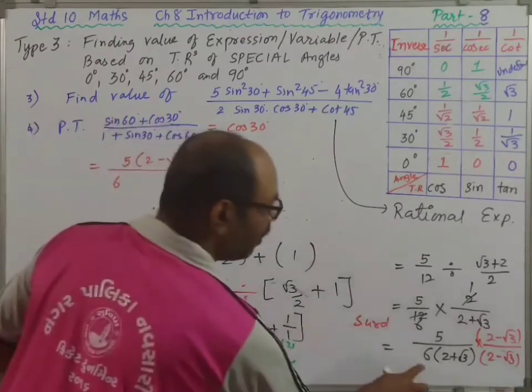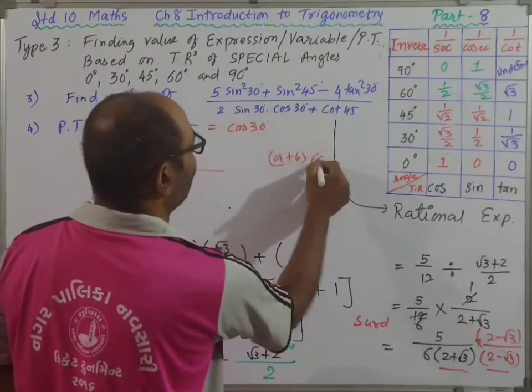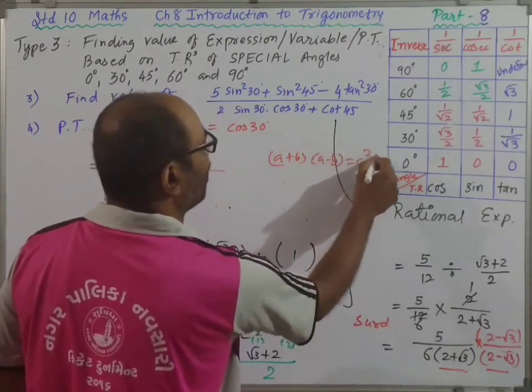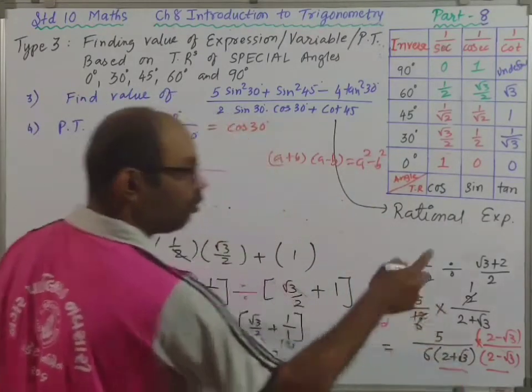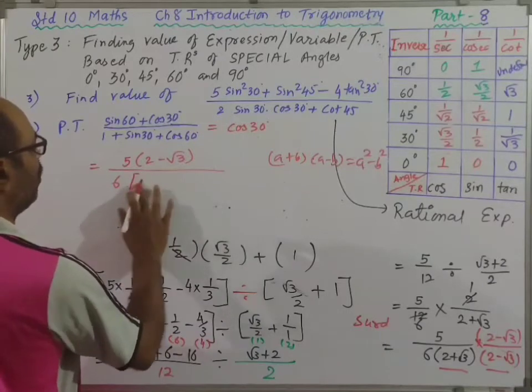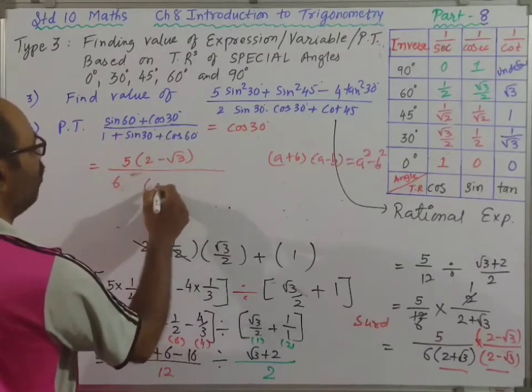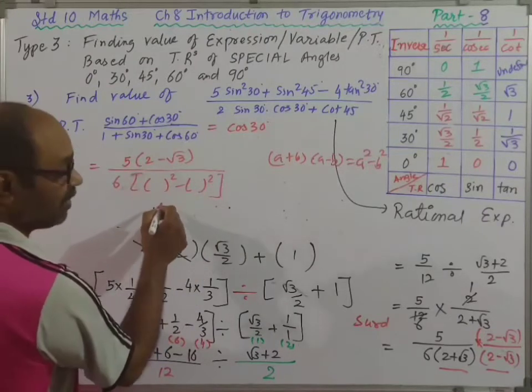And this is binomial into binomial. A plus b into a minus b. What is the expansion? A square minus b square. So 2 plus root 3 into 2 minus root 3, in a large bracket. I'll use this bracket later. First term square minus second term square. And in that bracket, what is that?